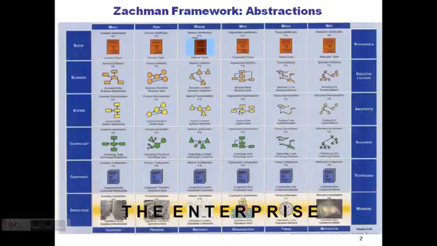The abstraction depicts the independent variables that constitute a comprehensive description of the object. In the first column, which is what, it is made of the material composition of the object, the bill of materials for the enterprise, and things such as data, models, and so on.